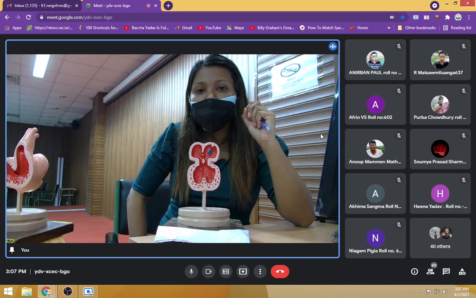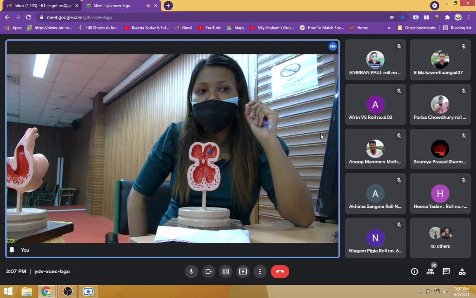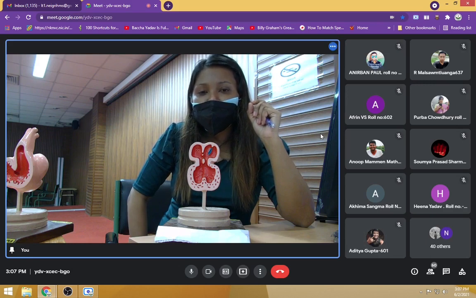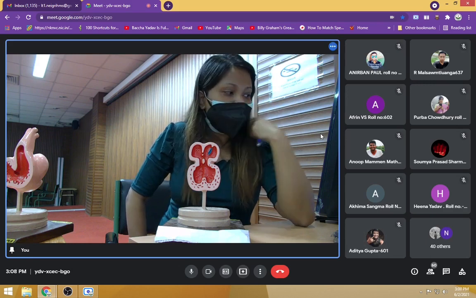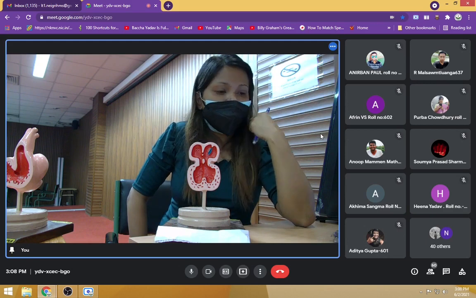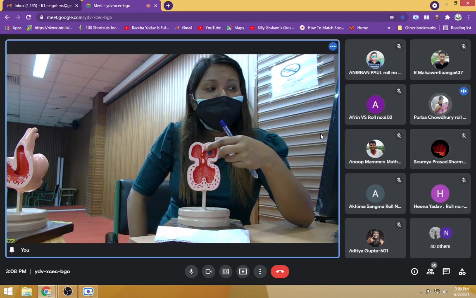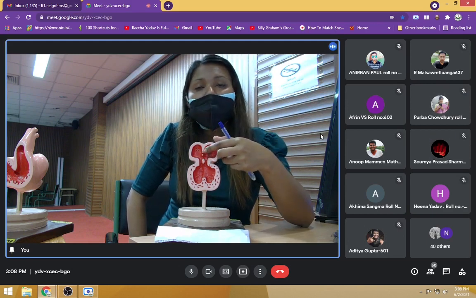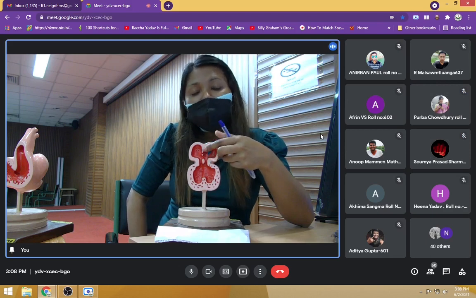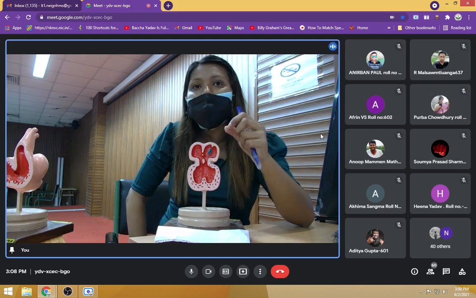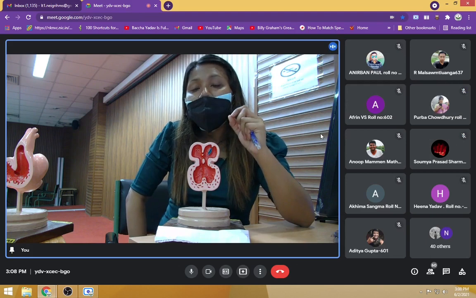It is known as atrial septal defect, ASD. If there is any abnormality in the formation of the interatrial septum, a defect develops which is known as atrial septal defect.